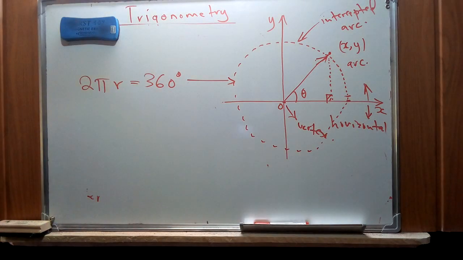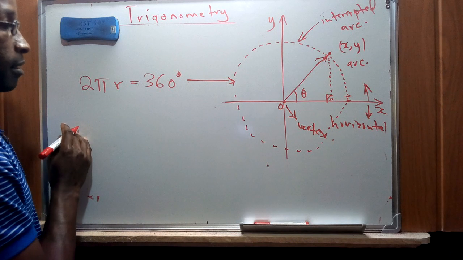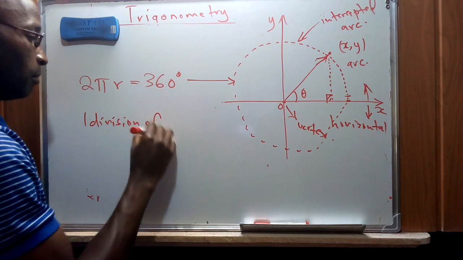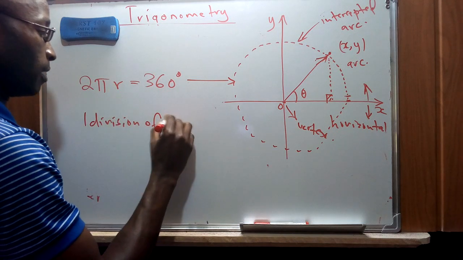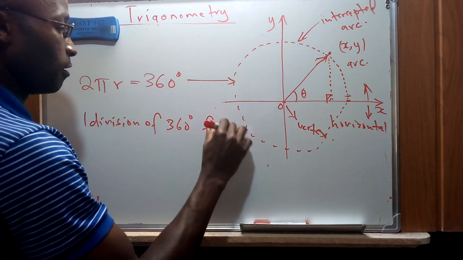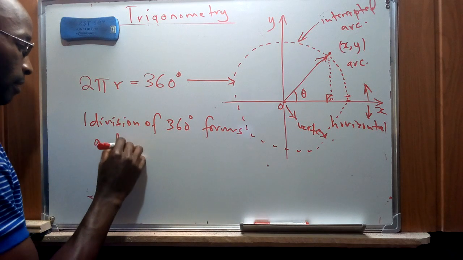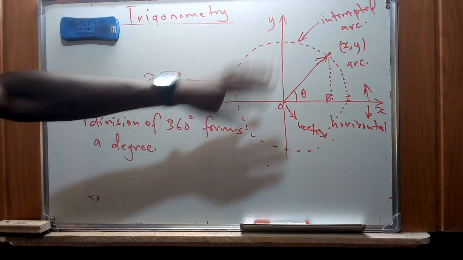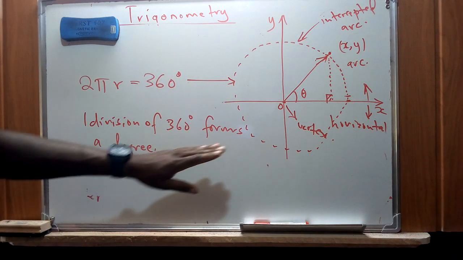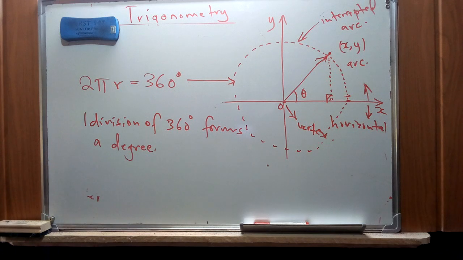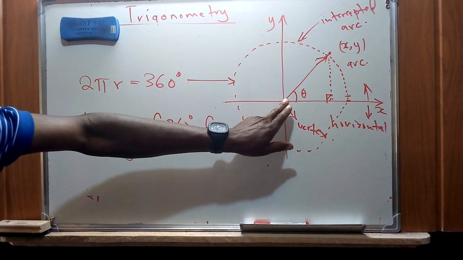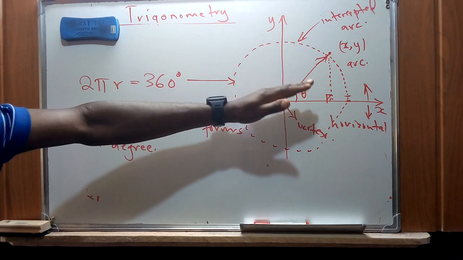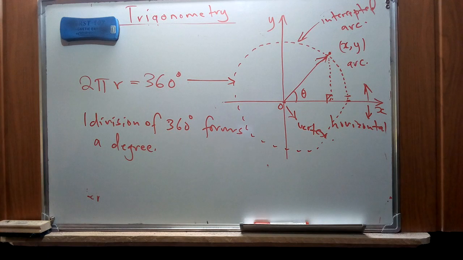If the whole cycle is 360 degrees, then one division of the 360 forms a degree. So relative to the point of rotation, which is the vertex, a single arc forms 1 degree out of the 360 degrees.